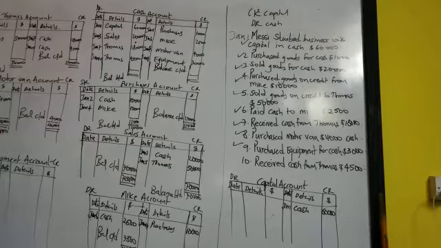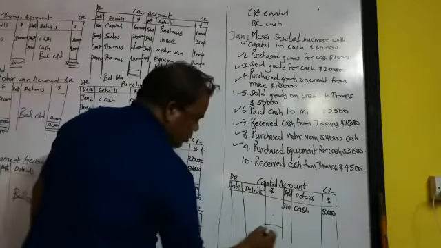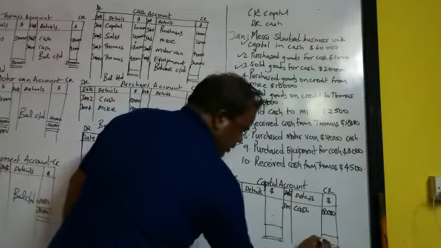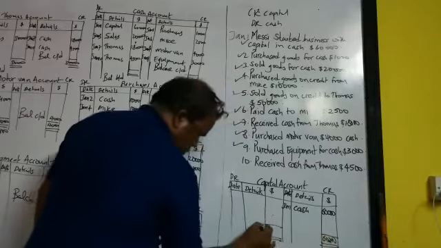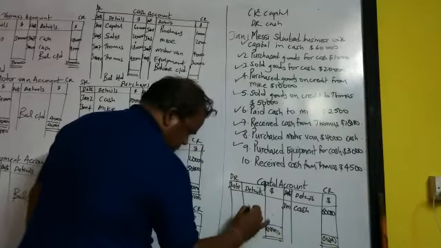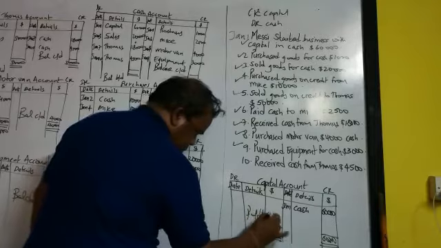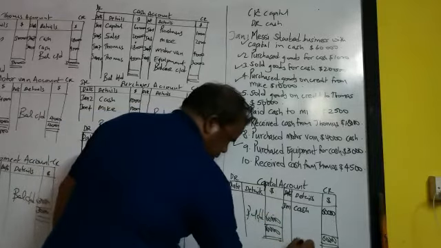Then we have to close the equipment account, 3 000, then balance CD, 3 000, and then balance BD, 3 000. So here we are concerning the closing of accounts. We close the capital account. Here we have 60 000, balance CD, 60 000, and then balance BD, 60 000.